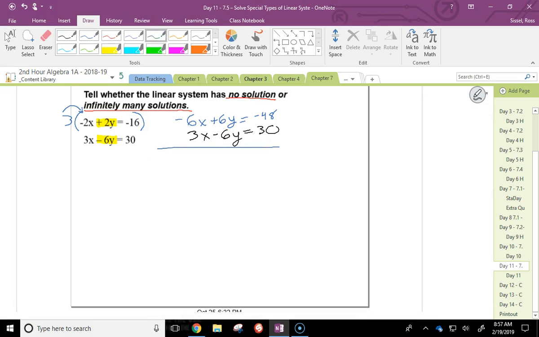Okay. And now I look at my y's. Positive 6y, negative 6y. Because they are opposite, we can add. Negative 6x plus 3x is negative 3x. The y's cancel out.